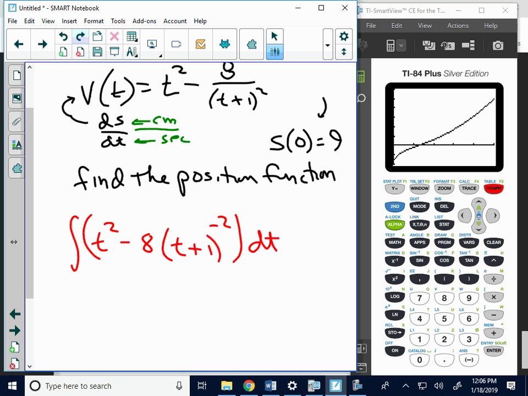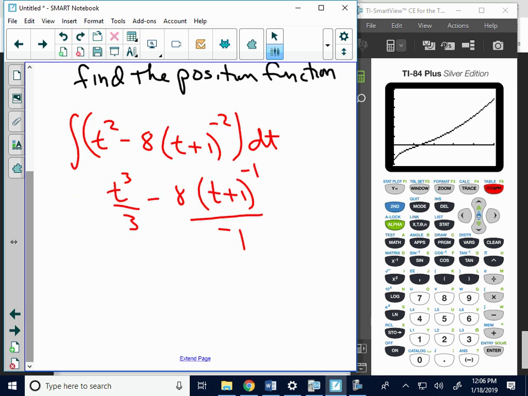Okay, so let's integrate. This is going to be t cubed over 3 minus 8 (t plus 1)^-1 divided by -1. I'm going to add a c in just a minute. Let me clean this up.